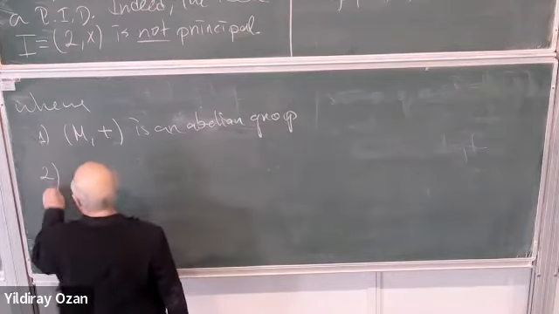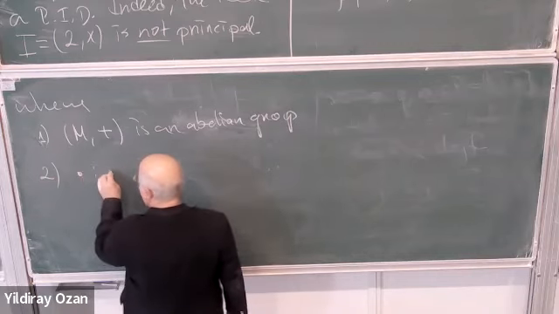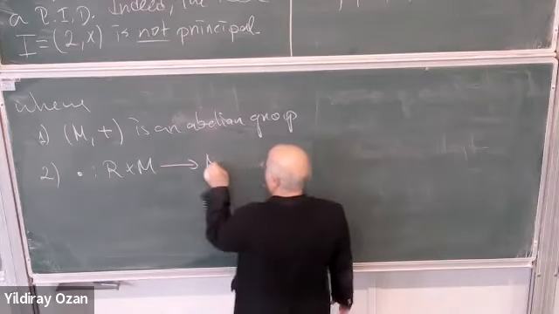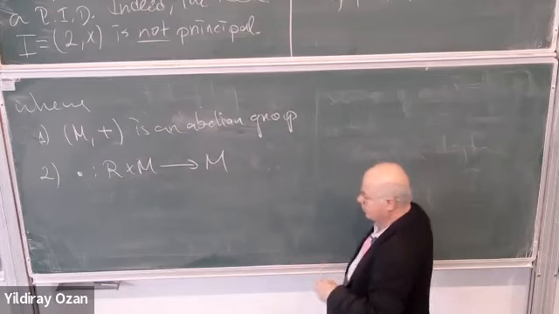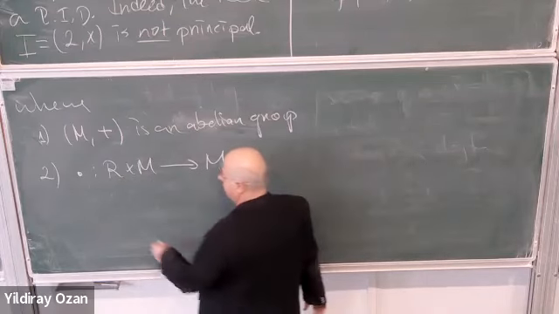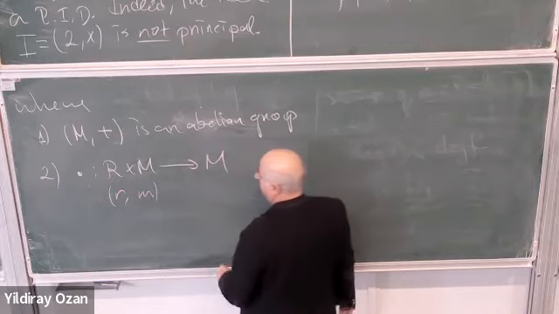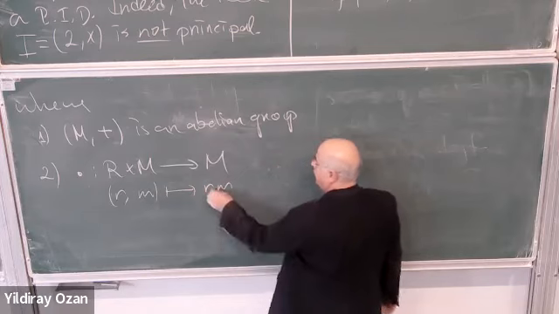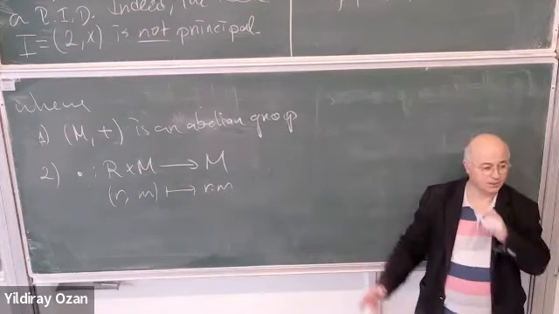And we have this operation from R cross M into M. So this is scalar multiplication. Whenever you have an element here and an element in M, you can just multiply. Yani vektör üzerindeki scalar multiplication.